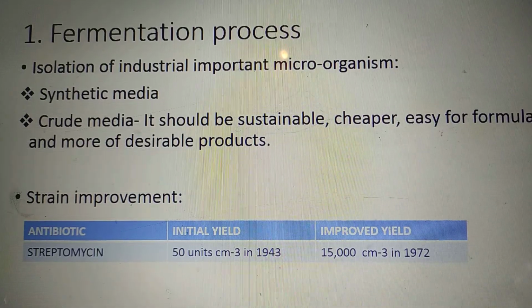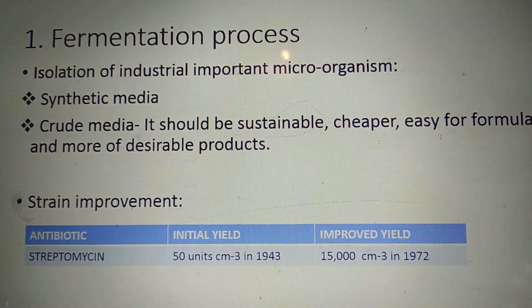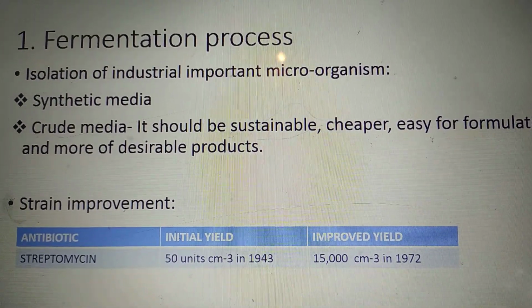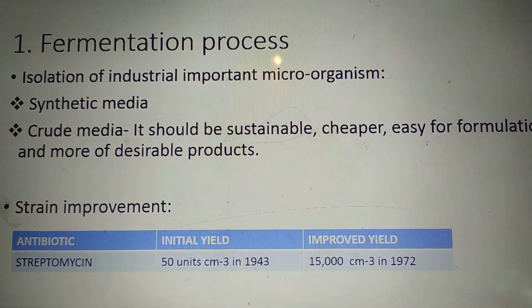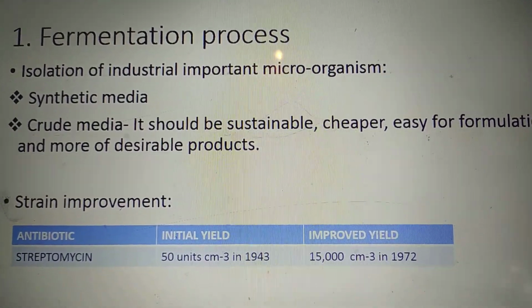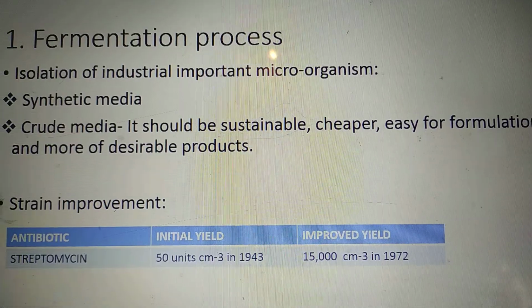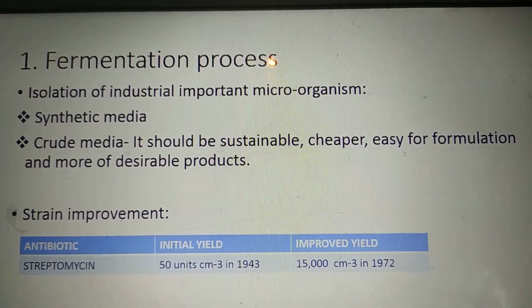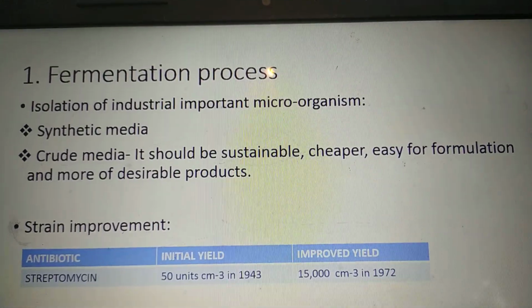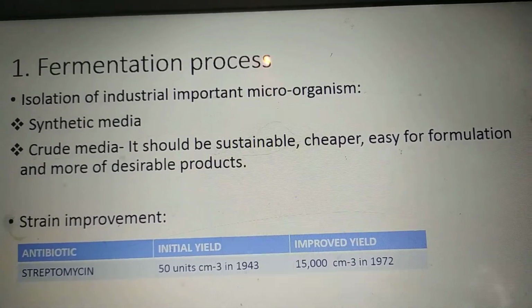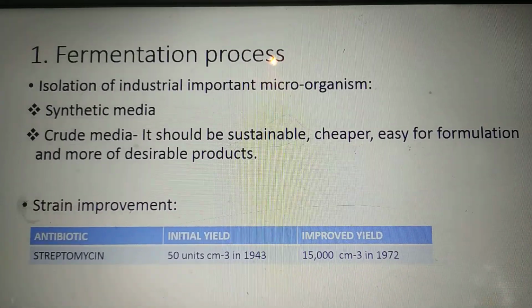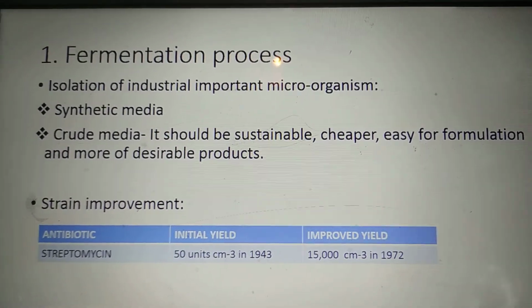Economy is the second part, but why did it happen? I think you would have guessed a few things like strain improvement, media formulations, better recovery processes, right? Yeah. So industry should work on the various things. So this is one area where they have to invest.